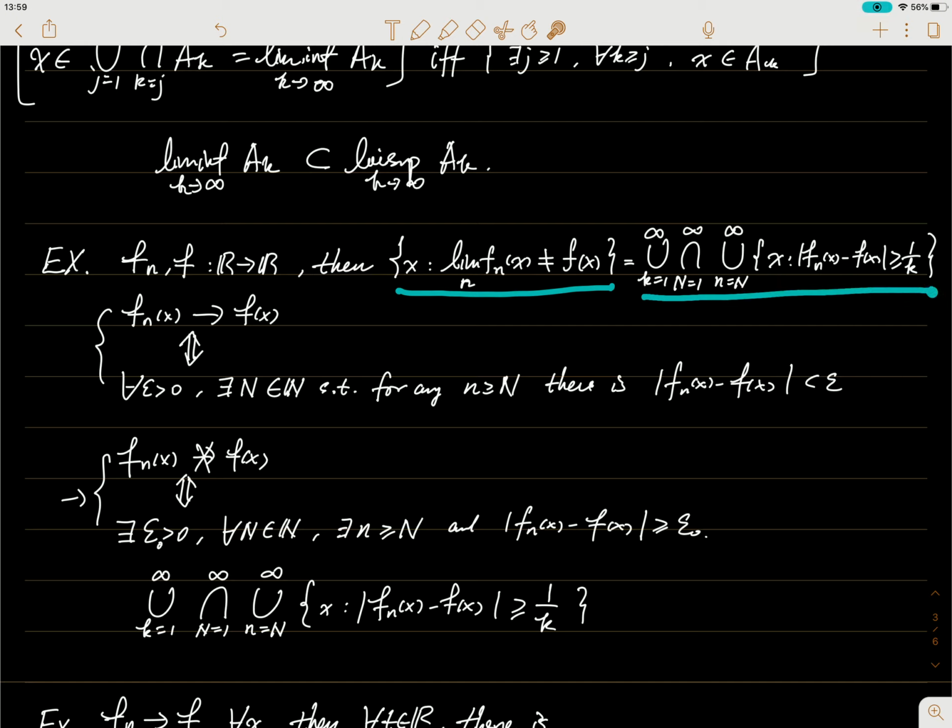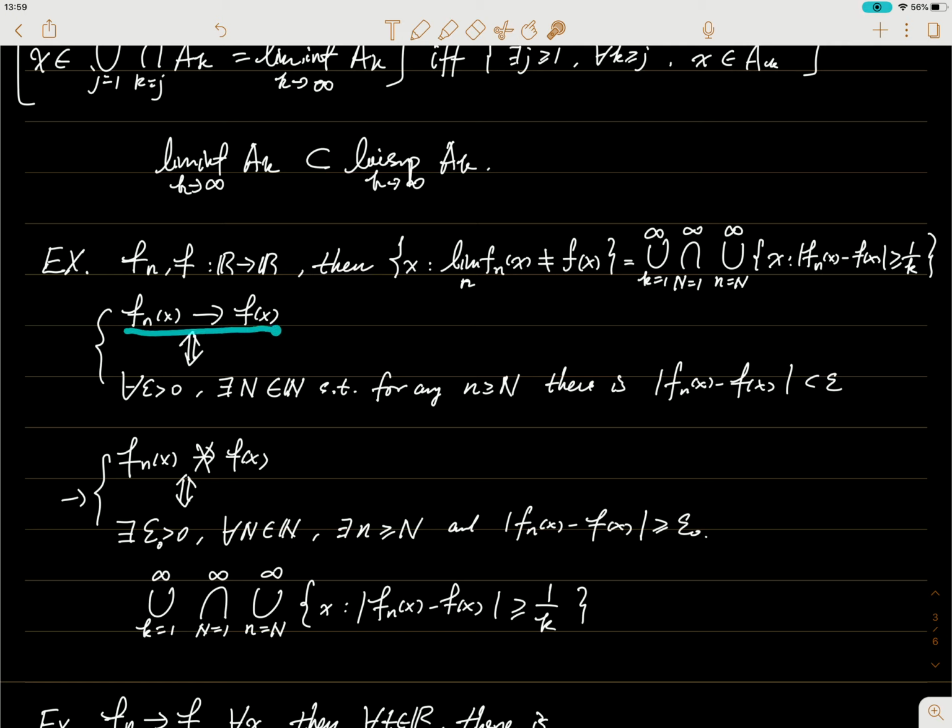Okay, the left is equal to the right. So why is this true? Remember that if the sequence f_n(x) is converging to f(x), so let's say for any fixed x, let's consider the sequence f_n(x).